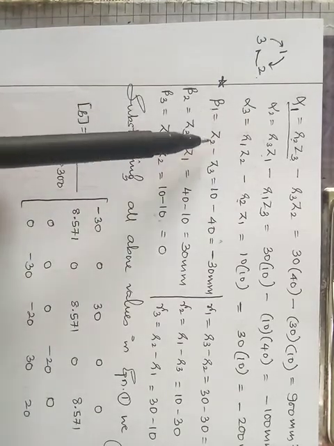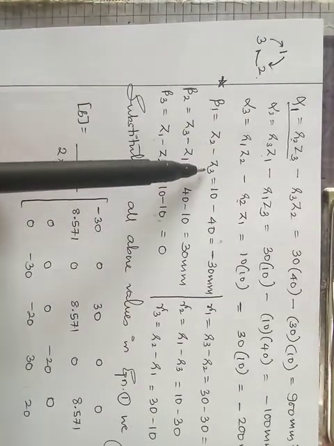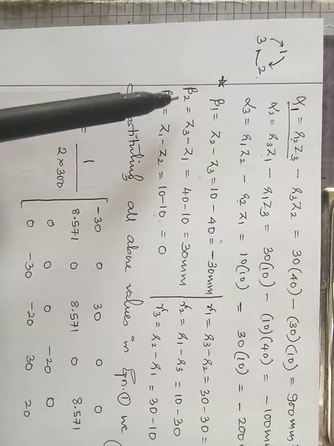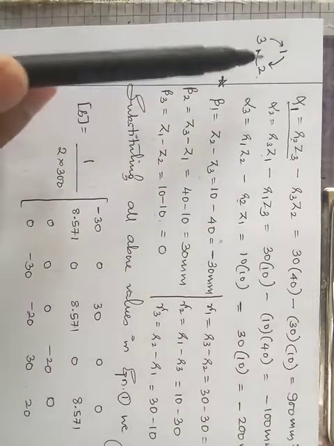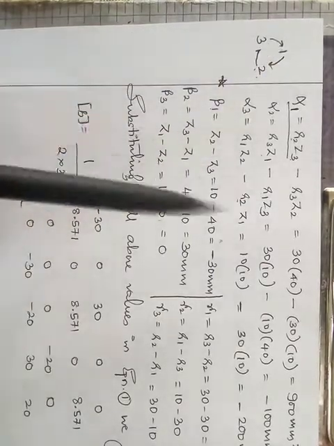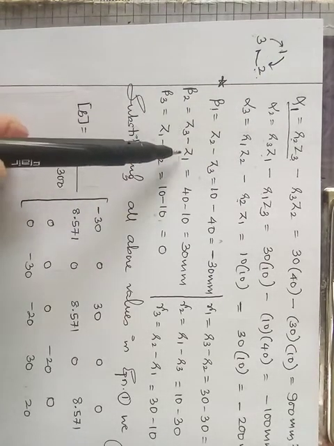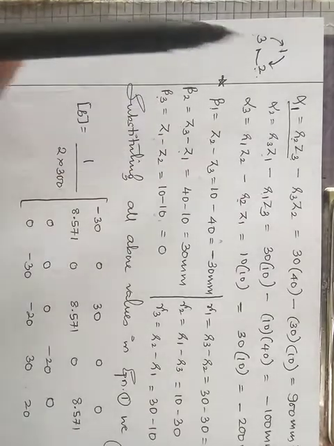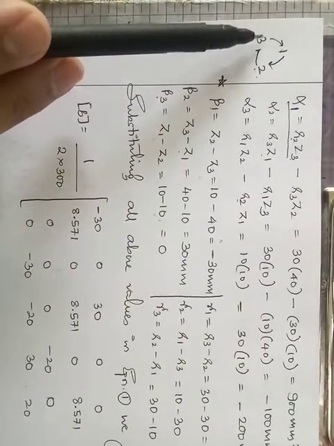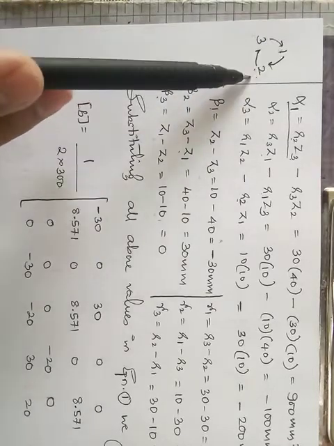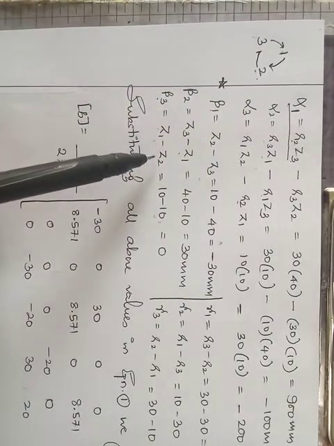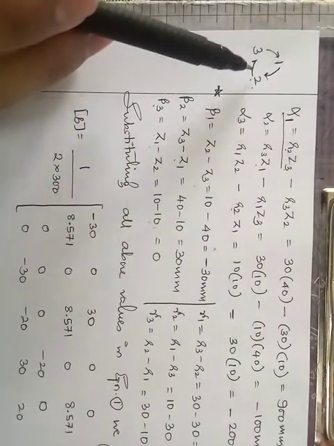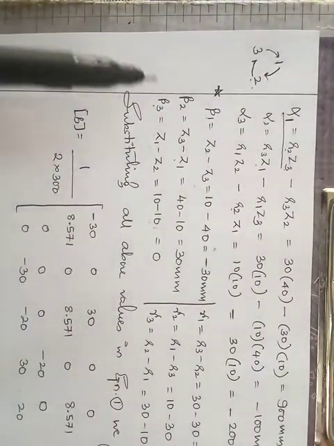So beta 1, next two terms are Z2 minus Z3, because beta is associated with Z. For the second term beta 2, I am here, next two terms are 3 and 1, so it is Z3 minus Z1. Third term is beta 3, so once again the cycle continues. I am here, it should be 1 and 2, so it is Z1 minus Z2. Right, so you just need to follow this logic of cycle, then everything falls into its place.